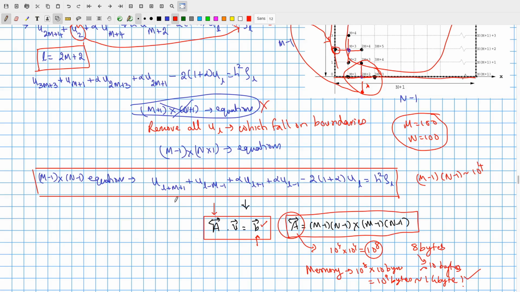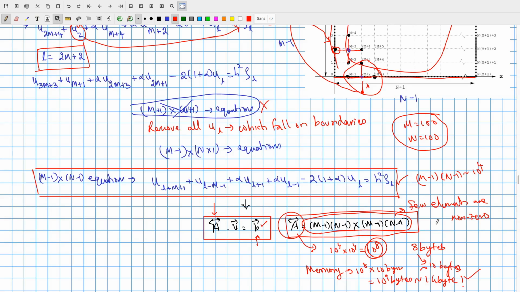If you carefully see this matrix equation, not all the 10 to the power of 8 elements, all these (m-1)(n-1) into (m-1)(n-1) elements, are non-zero. Only very few elements are non-zero.